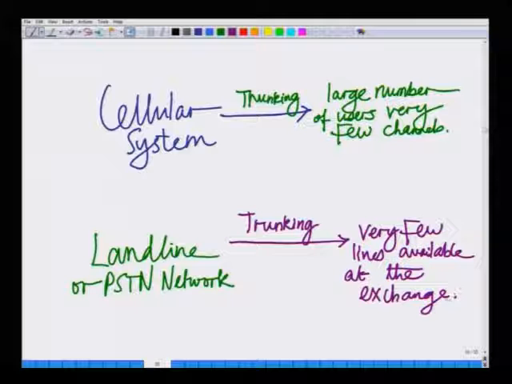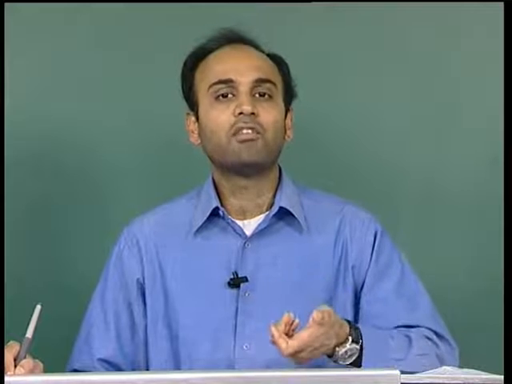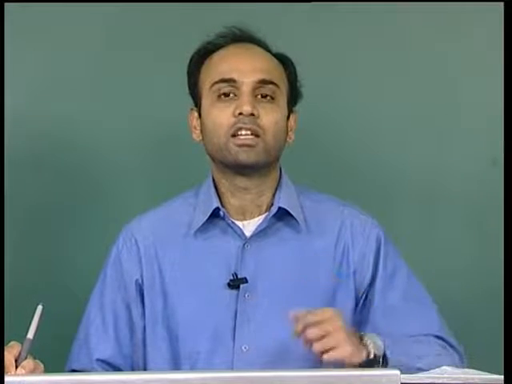That is what gives rise to the old nomenclature of a trunk call. A trunk is a set of lines containing very few lines compared to the number of users. Hence, you have to wait for your turn on that trunk, because you are allocated a line sequentially. Trunking means there are a small number of lines supporting a very large number of users.